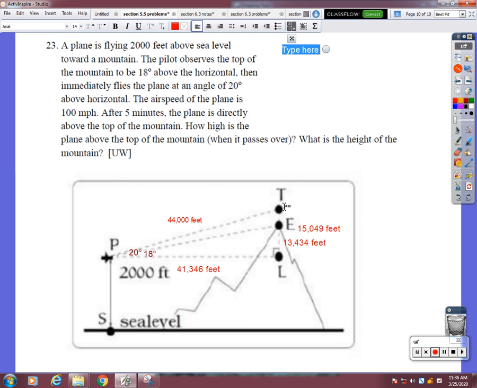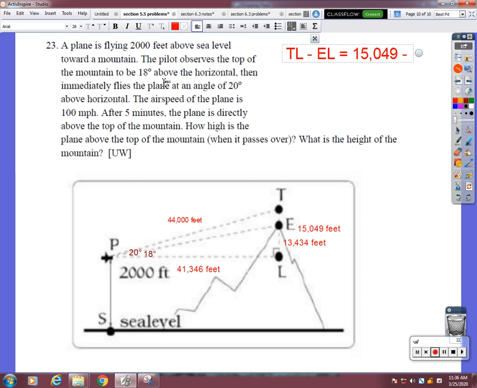So we know this distance TL. And then, if we go TL minus EL, that will give us TE, which is what we're trying to find.